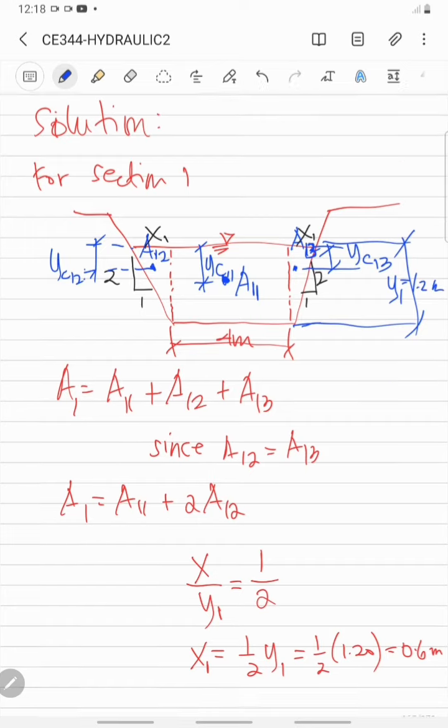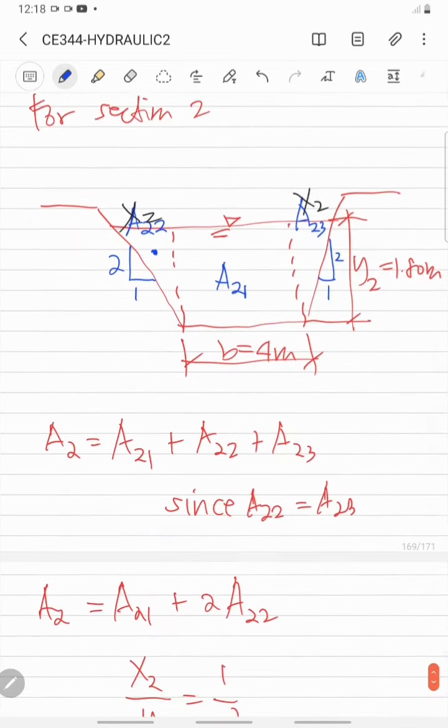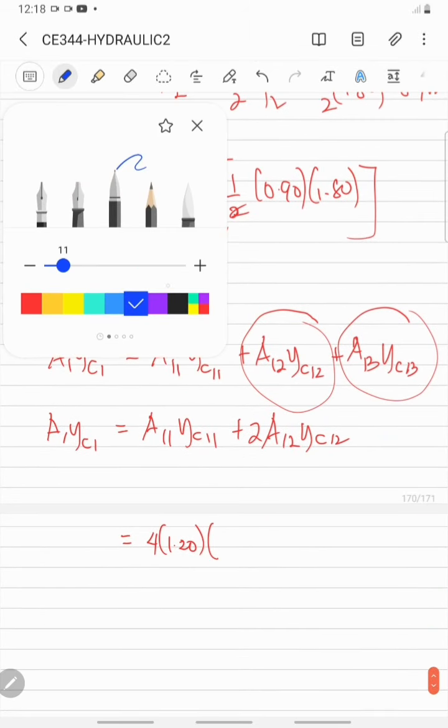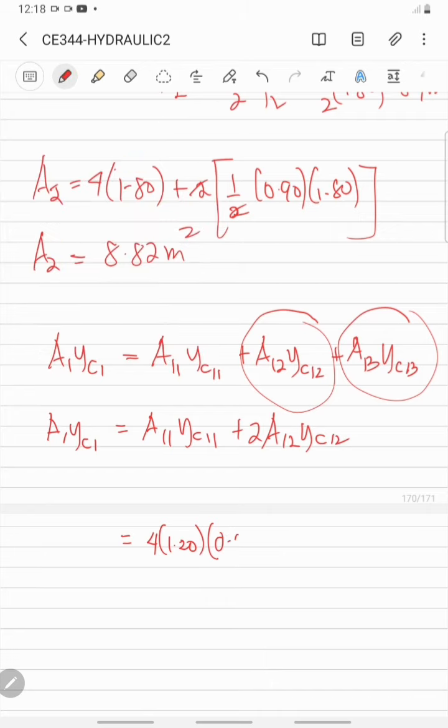So 1/2 of 1.2 is 0.6. That is the location of the centroid of the rectangle. So we have 0.6. Then plus 2 times 1/2.